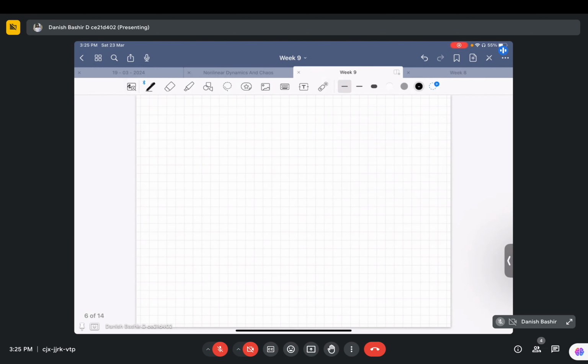Okay, so starting with the first element. For element first, nodal coordinates.